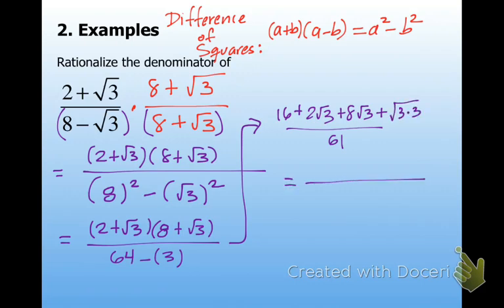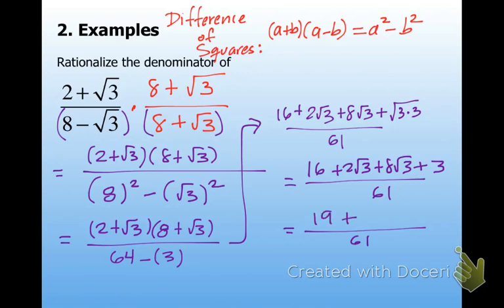So you should already know that we are going to have 16 plus 2 the square root of 3 plus 8 the square root of 3 plus, and what is the square root of 3 times the square root of 3? Yes, it's 3, right? We learned that in the last partial. So let's just simplify the numerator. We can add 16 and 3, 19 plus, and we can add 2 plus 8, it's 10, and we just copy the square root, and that's the answer.